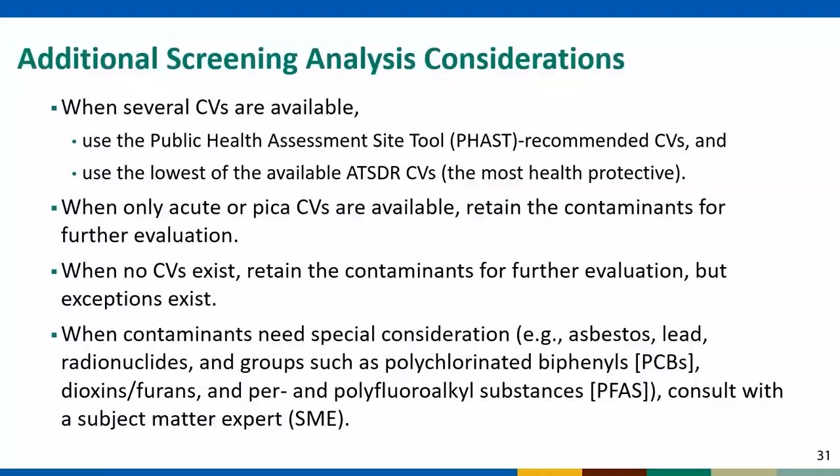Also note that there are several chemicals that warrant special consideration, including asbestos, lead, and radionuclides. You can find guidance on these, as well as individual contaminants within groups of polychlorinated biphenyls, or PCBs, and dioxins and furans in the resources section of the Public Health Assessment Guidance Manual. If you have chemicals like these, you should consult with a subject matter expert during the screening process.